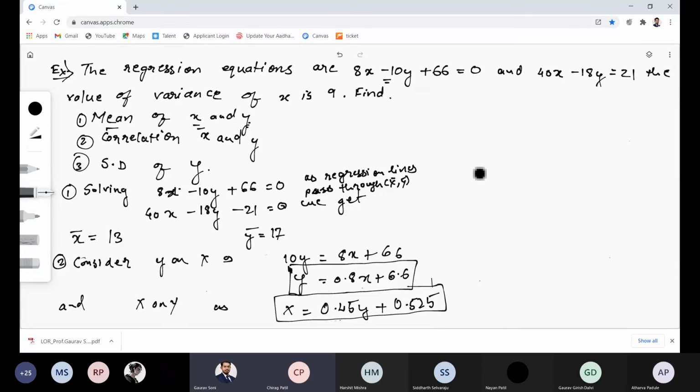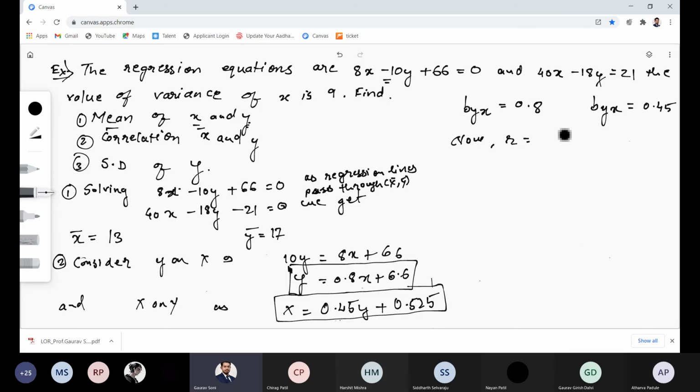But then you need bxy, right? Yes, sir. By the first condition, we checked bxy and byx, and the product is coming greater than 1. If we reciprocal it, we will get the same result as here. Let's check it: 0.8 into 0.45 is the same as the reciprocal of the first.